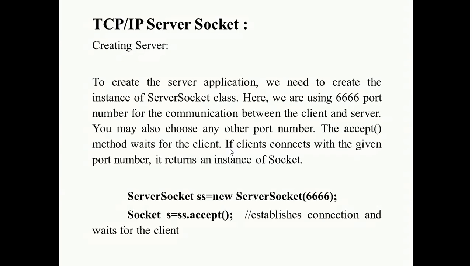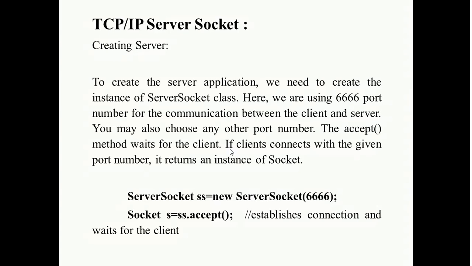And if the IP address of the host could not be determined or found, the client socket throws the UnknownHostException. And the TCP/IP server socket throws only one exception, that is the IOException. So if an input output error occurs when creating a server socket, the IOException is thrown.